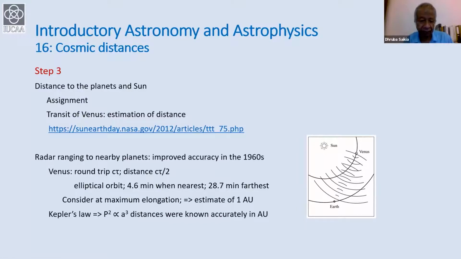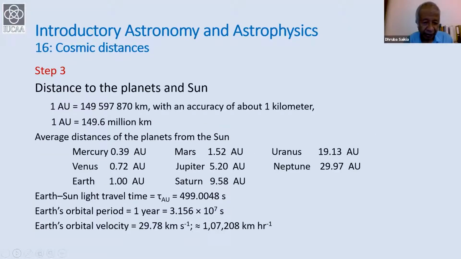Now, once you have measured the distances to one of the planets, then you had very detailed and accurate observations of planetary motion. And applying Kepler's laws, you could determine the distances to all the planets. I've just listed over here what 1 astronomical unit is, just for completeness, but you're familiar with this. 1 astronomical unit is roughly about 150 million kilometers, something one could remember.